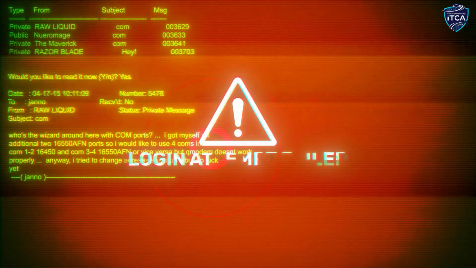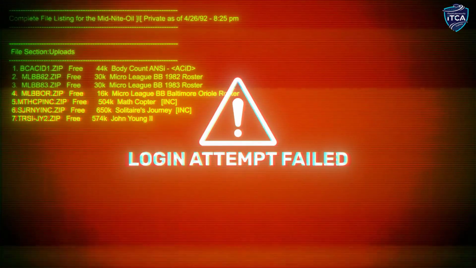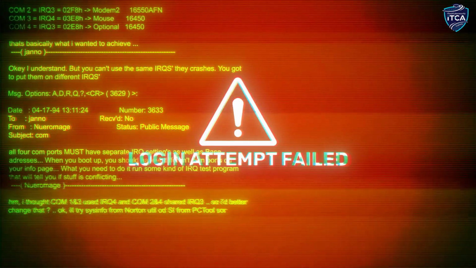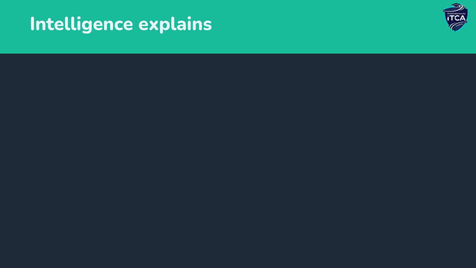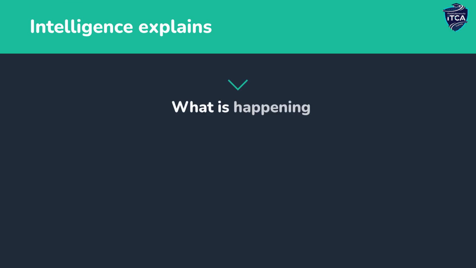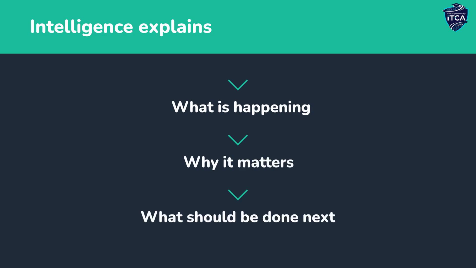For example, knowing that many login attempts failed on a system is information. Understanding that those failed attempts are targeting administrator accounts from multiple locations and likely represent a brute force attack is intelligence. Intelligence explains what is happening, why it matters, and what should be done next.